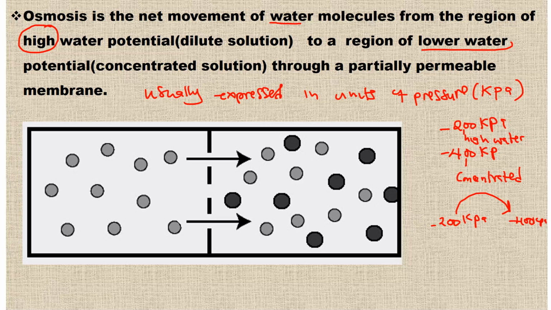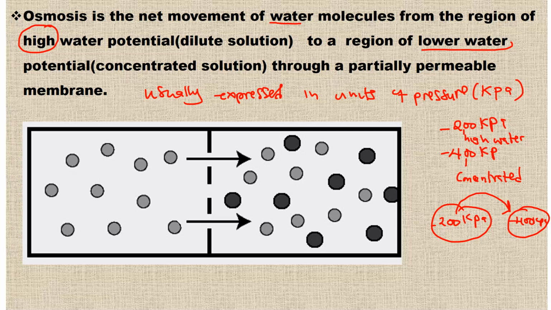So if you had these two solutions, the water will move from negative 200 to negative 400 kilopascal. You are going to understand this better as we look at the question. So very important that you take note of this.